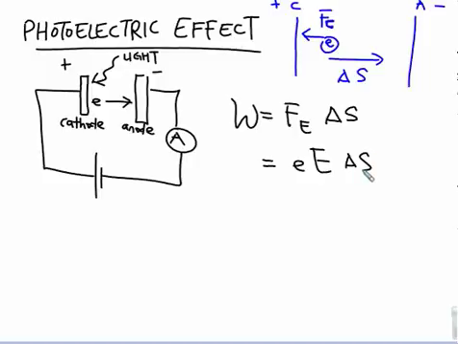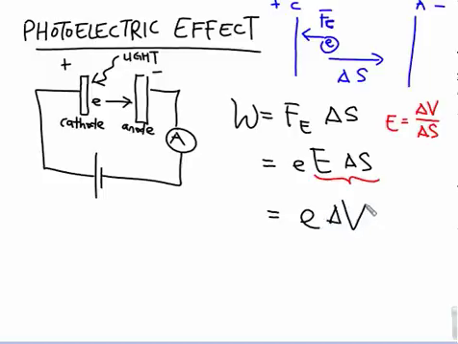Now, recall that if we consider the electric field between the cathode and anode as a uniform electric field, then the relationship between electric field strength and potential difference across the plates is given by this, right? So we can replace E times delta S, right, with delta V.